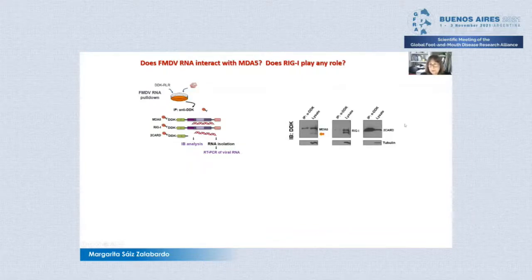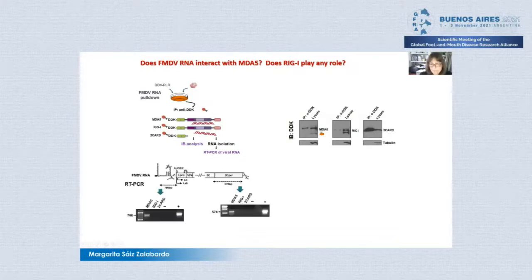In the immunoblot analysis, we saw that all the bait proteins immunoprecipitated as expected. And in the case of MDA5, we detected an extra band, which might be the sign of a cleavage event going on.